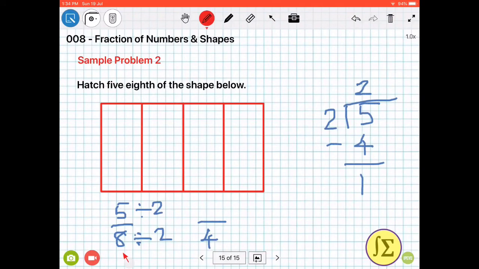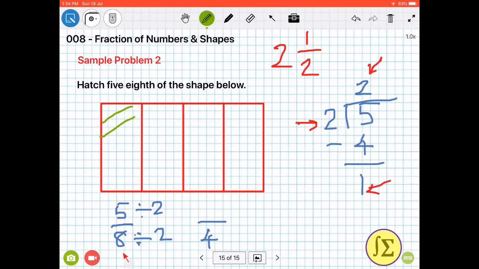So from this calculation, we know that this is the whole number for the mixed number. So that's 2. This number here, that's the numerator, 1. And the number you divide by, this number here, will be the denominator. So 5 divided by 2 is 2.5, right? So all we have to do is shade 2.5.